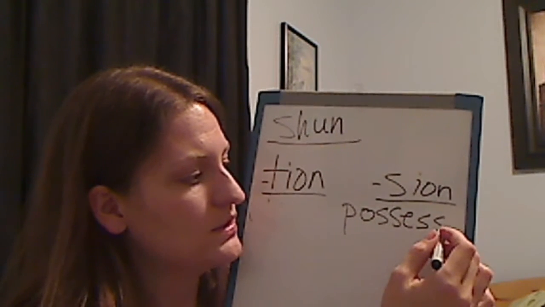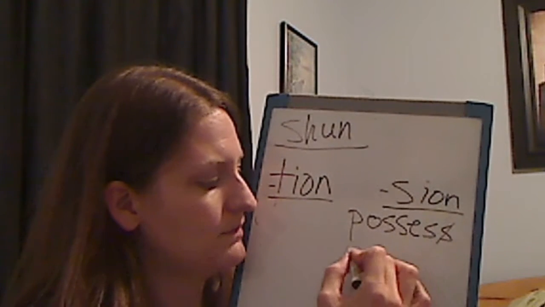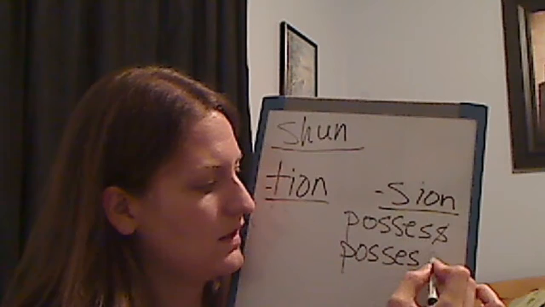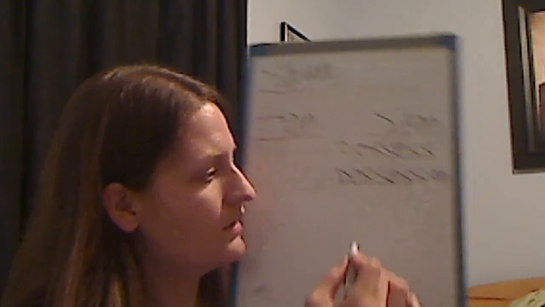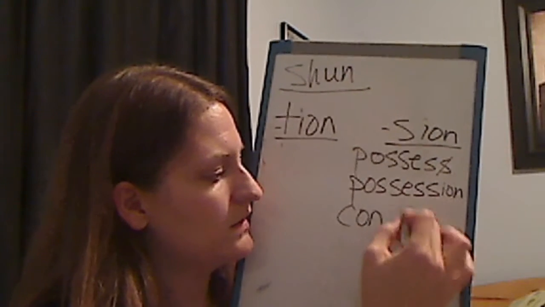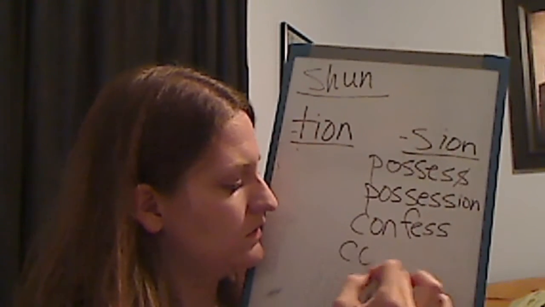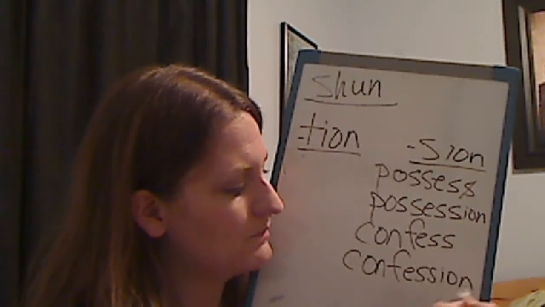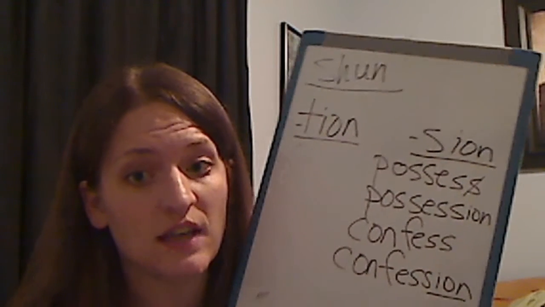And all you're going to do is drop one S and add S-I-O-N to make possession. Another example might be confess. It ends in that double S. So I would just add the I-O-N. Okay? That's what happens when you have a double S. It's just S-I-O-N. All right.